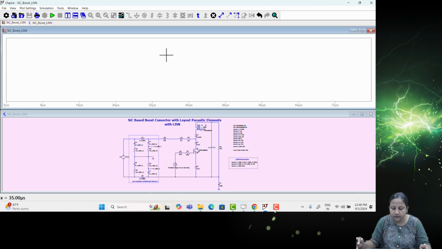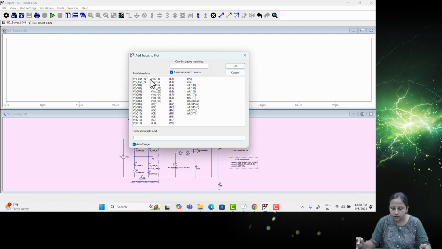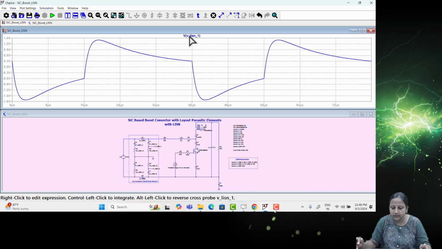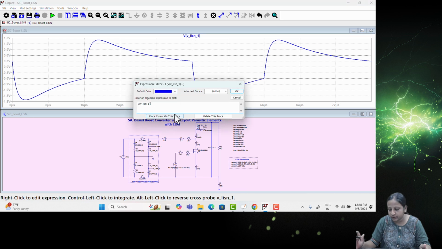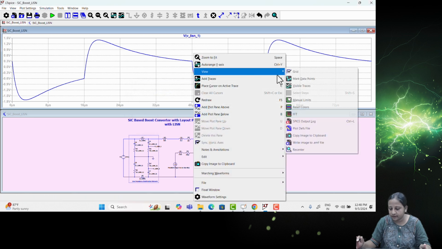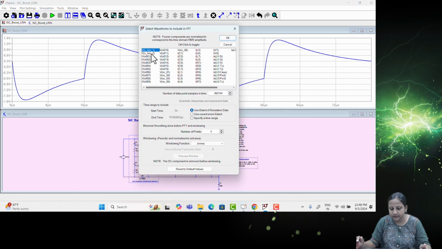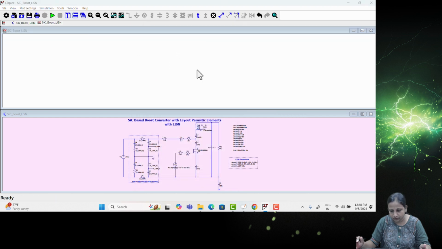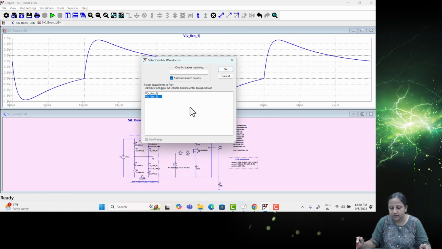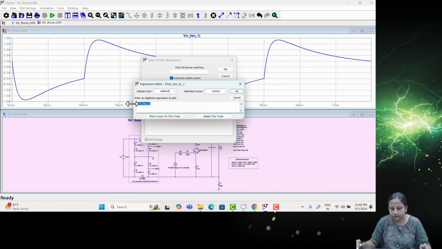without filter what the attenuation is. You have already seen, you needed to select VLISN1, again VLISN2 you needed to select, right? So now you can get the common mode noise and the differential mode noise.